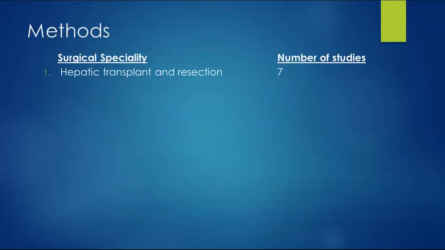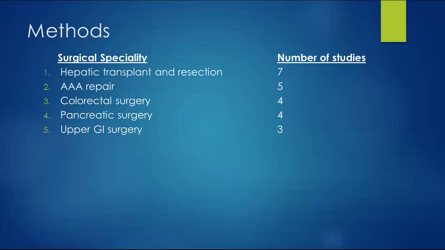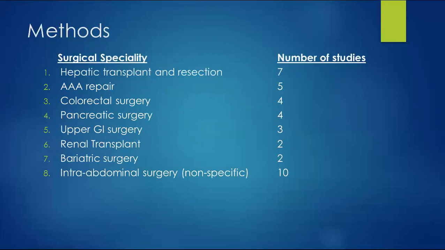Just as a breakdown of the studies that were included, 7 focused on liver surgery, 5 on AAA repairs. There were a handful on colorectal surgery, pancreatic, upper GI, renal, bariatric, and then non-specific intra-abdominal surgery. So these are the 37 that the systematic review focused on. In total, just under 8,000 patients.